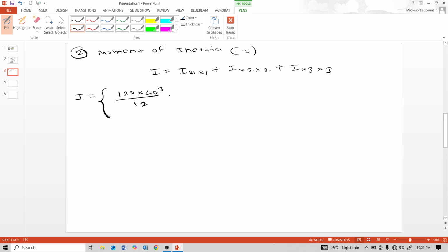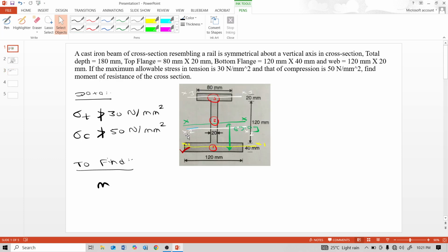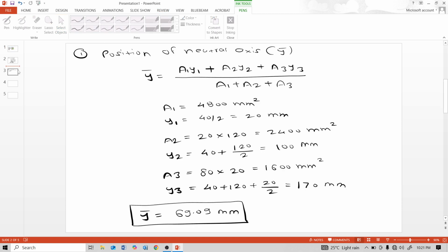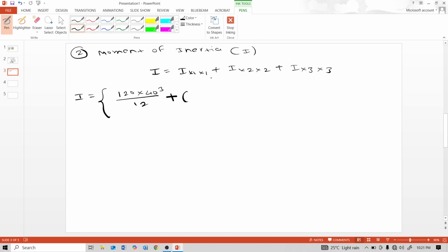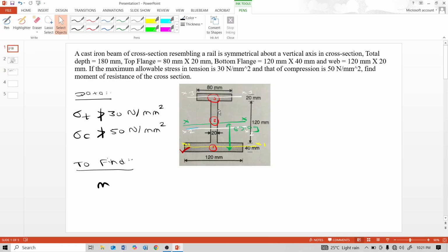And for the parallel axis theorem, plus the area of the bottom flange, which is 120 multiplied by 40, that means 4800, multiplied by the square of the distance between the T section neutral axis, this green x axis, and the bottom flange neutral axis x1.